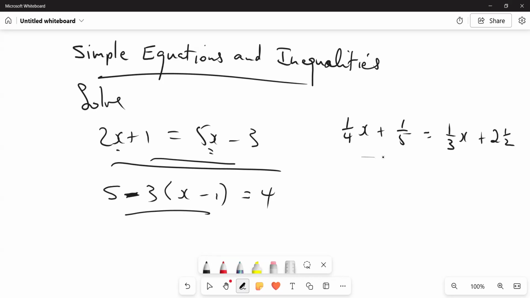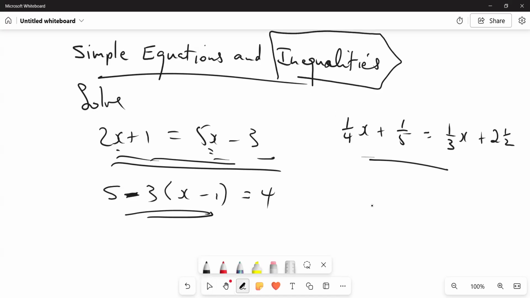So yes, you can have fractions, you can have something linear looking like this, you can have something that involves some brackets, and we'll look at all the various types. And then we'll talk a little about inequalities.